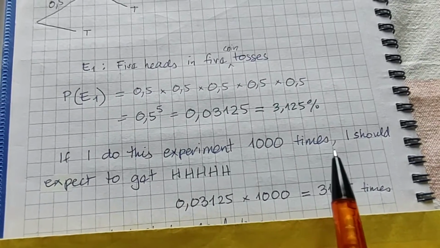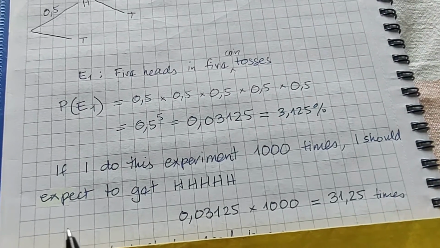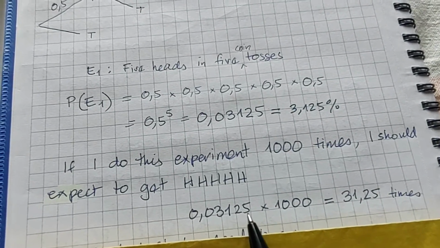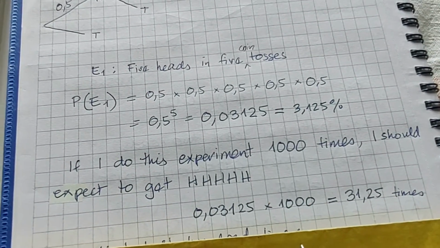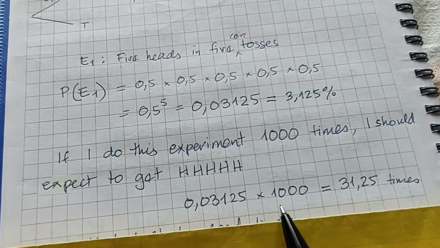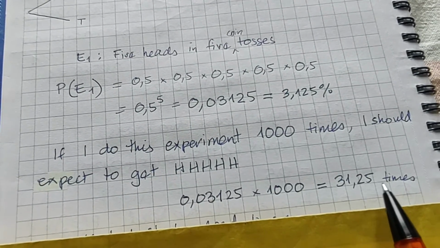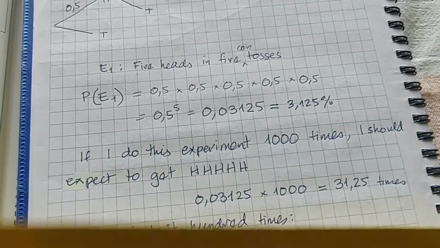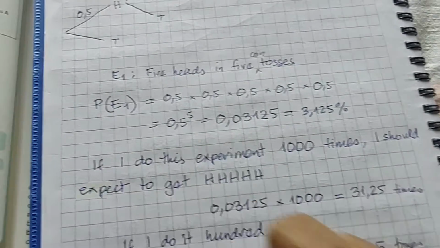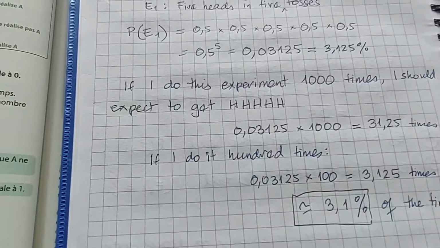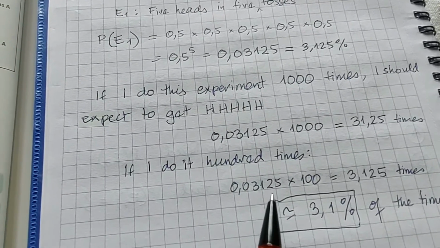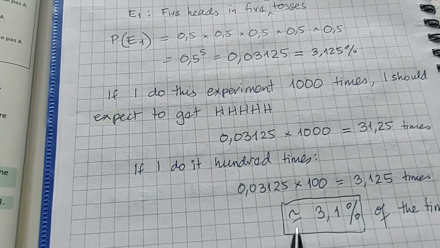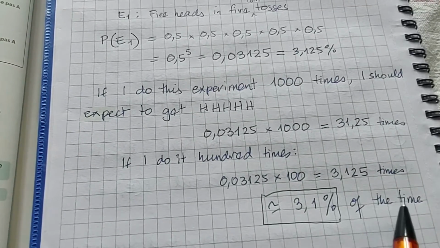If I do this experiment 1000 times, I should expect to get 5 heads 0.03125, that's the probability, into the number of experiments, that is 1000, that is 31.25 times. And if I do it 100 times, just to make sure how I'm calculating the percentage, then 0.03125 into 100 gives me 3.125, which is approximately 3.1% of the time.